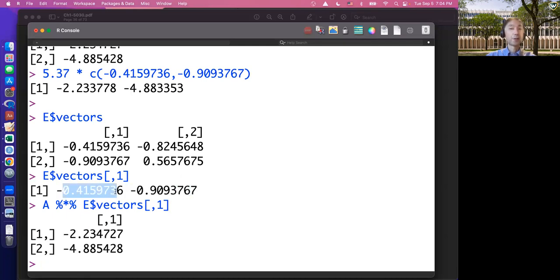So the ratio of these two numbers is the same as the ratio of these two numbers. So that is the meaning of eigenvectors. Any questions so far?